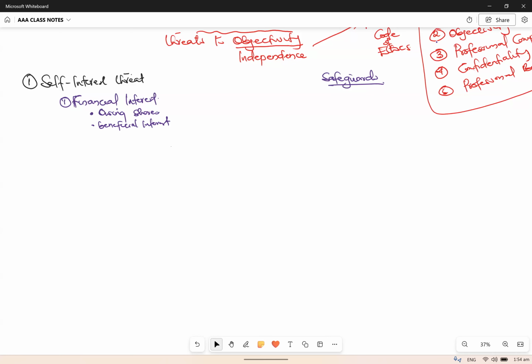Now, according to the IFAC Code of Ethics, it outlines three categories of people who should not have interest in the client's business. One, the assurance firm. Two, a member of the assurance team, those who are going to do the audit.